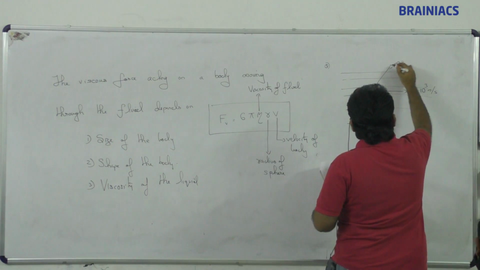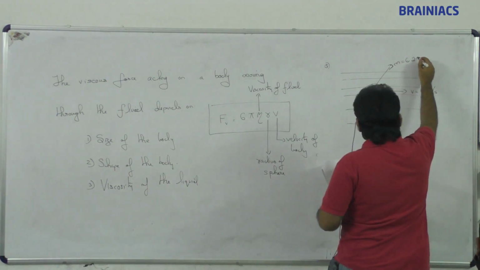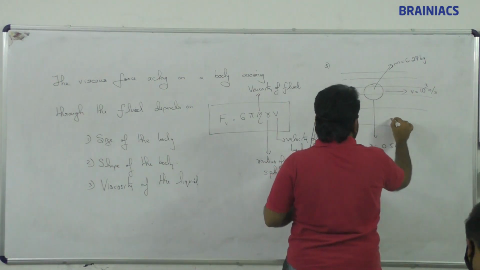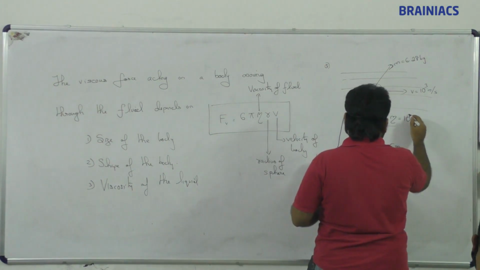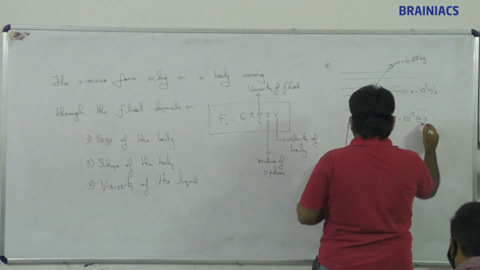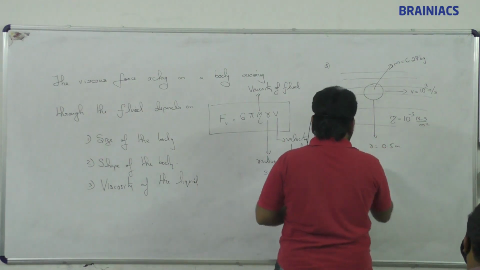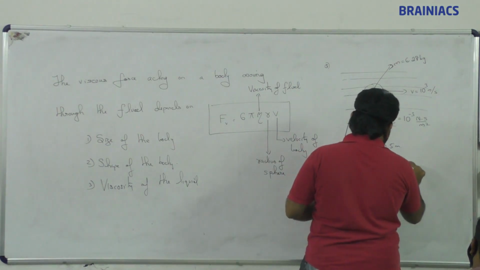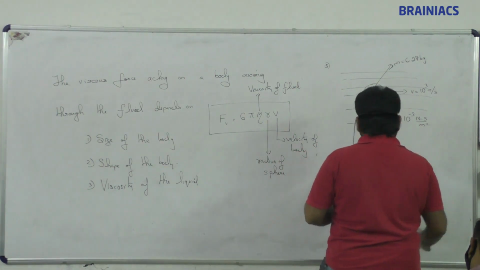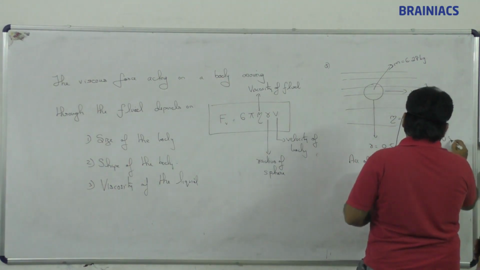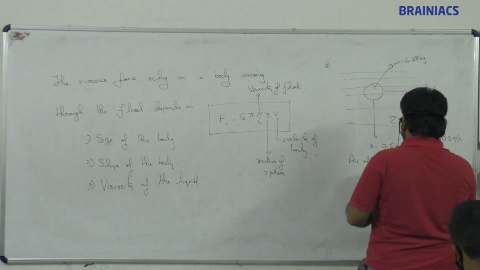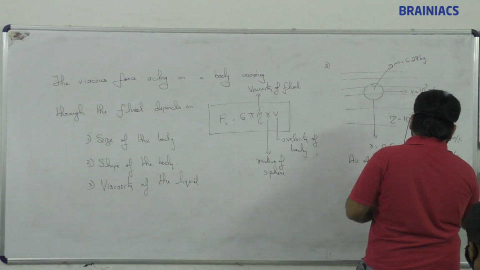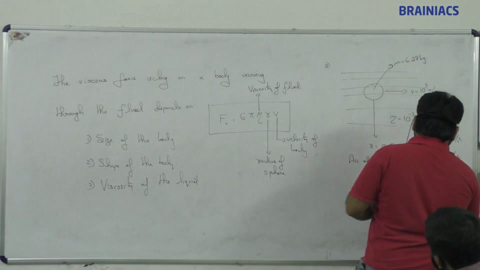Its mass is equal to 6.28 kilogram, and the viscosity is 10 raised to minus 3 Newton second per meter square. Find the acceleration of the object. The options are 0.5 meter per second square, 1.5 meter per second square, 2 meter per second square, 3 meter per second square.